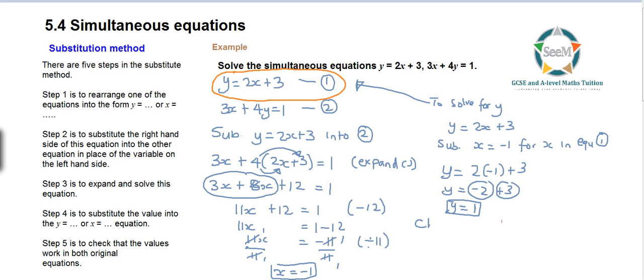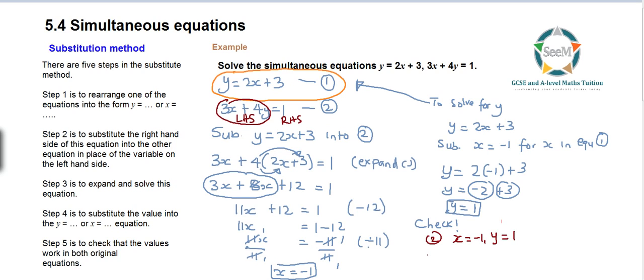So let's check that our solutions are correct. Alright, to do that, let's pick equation 2. If I plug in the solutions x equals minus 1 and y equals 1 into equation 2, the left hand side, LHS, should give me the right hand side.